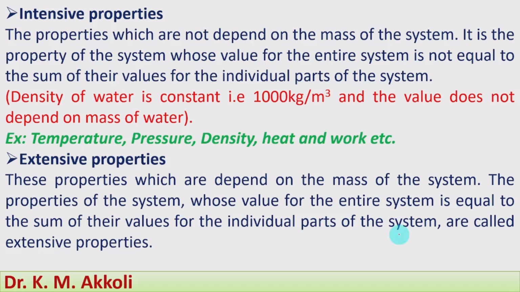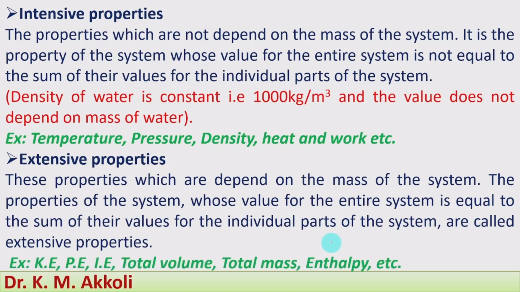If we divide the system into a number of parts, then the whole value will be equal to the sum of each part's properties. Such properties are called extensive properties. Examples are kinetic energy, potential energy, internal energy, total volume, total mass, enthalpy, etc. These are the extensive properties.